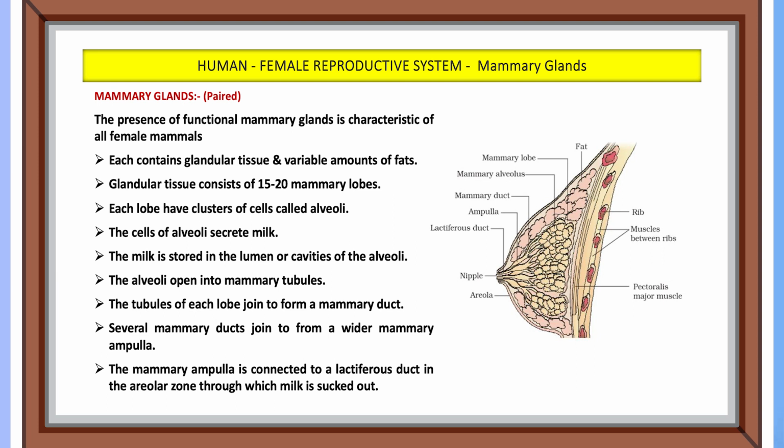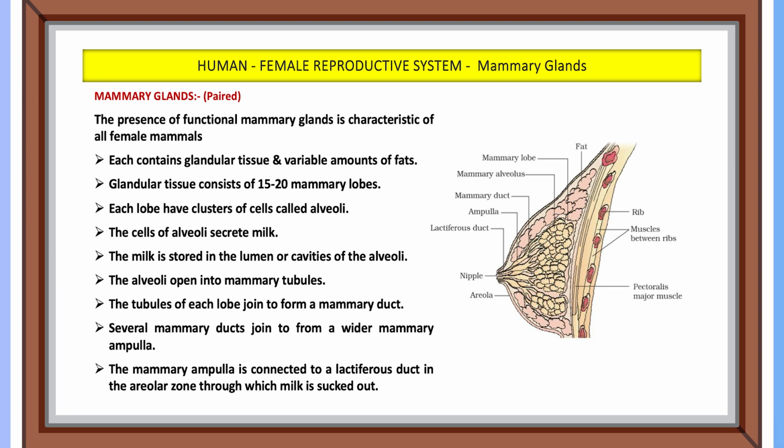The glandular tissue consists of 15 to 20 mammary lobes. Each lobe has a cluster of sacs called alveoli. The cells of the alveoli secrete milk. The milk secreted by the alveoli is stored in the lumen or cavity of the alveoli.